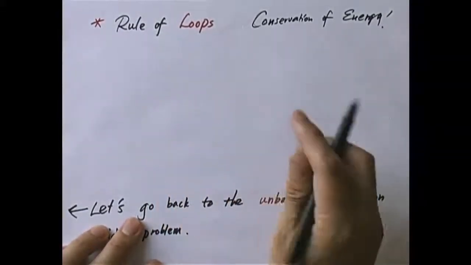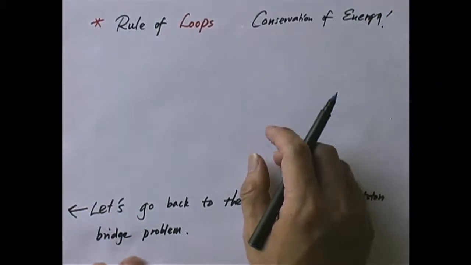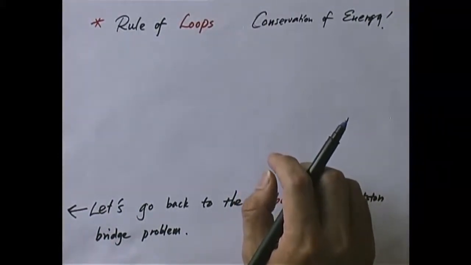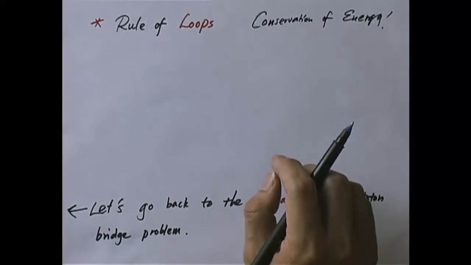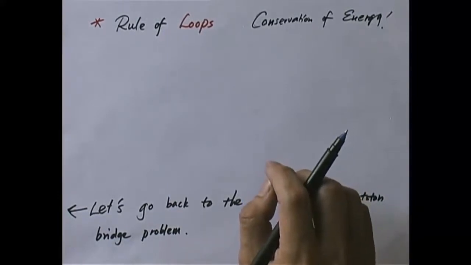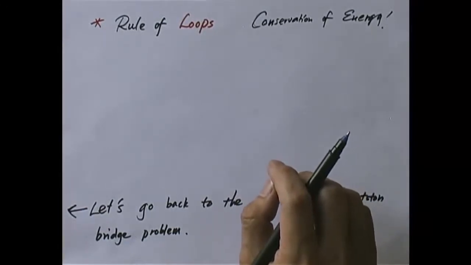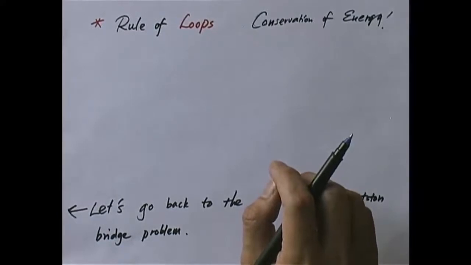Well, using gravity as an analogy again, suppose you start from the ground floor. You go upstairs, you go downstairs, upstairs and downstairs, however many times you go. As long as you eventually return to the same ground level, let me ask you, what is the change in the gravitational potential energy?